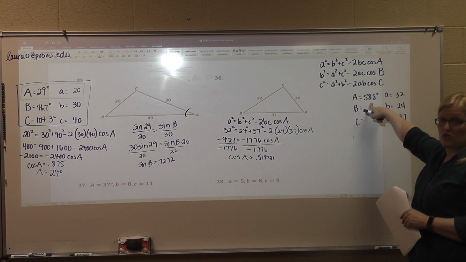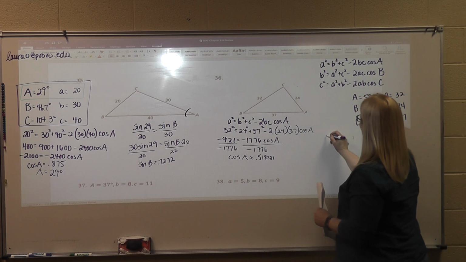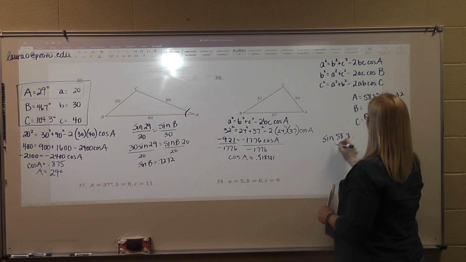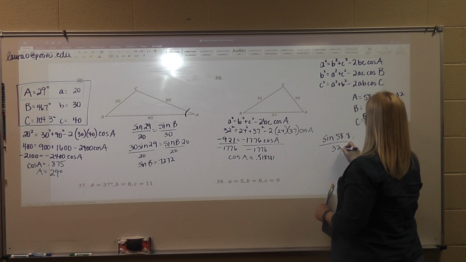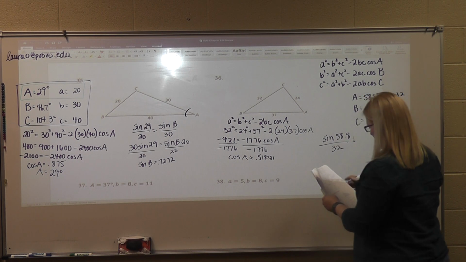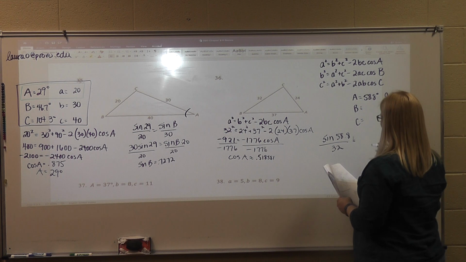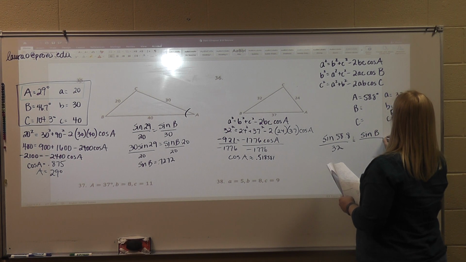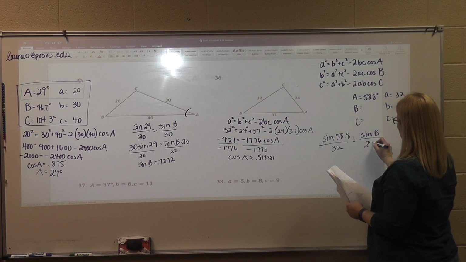So now I can use my law of sines. So I've got sine of 58.8 over 32 equals the sine of B over 24.